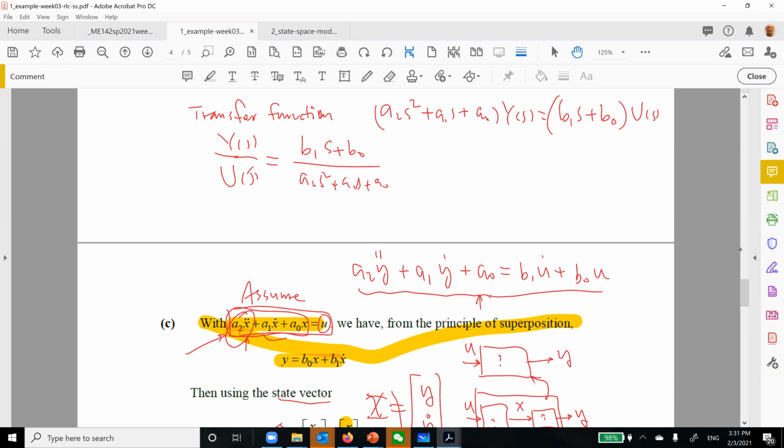So this is called a transfer function, output divided by input, okay? But this one actually can be written as Y of s equals b1 s plus b0 times X of s, while X of s is 1 over a2 s squared plus a1 s plus a0 times U of s.